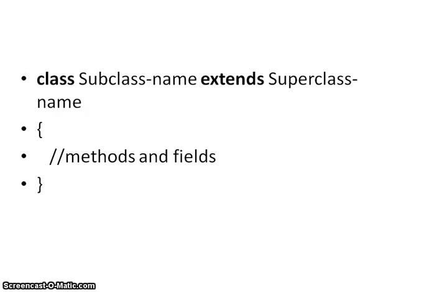Let's see one example. This is the syntax of how we can use inheritance. Class, where class is a keyword, then the subclass name has to be given over here, then extends, then the superclass name, and you can write methods and fields in that class.